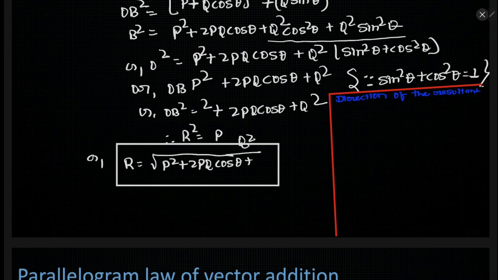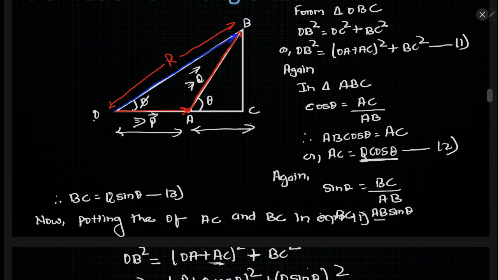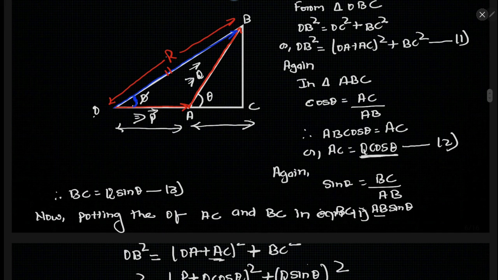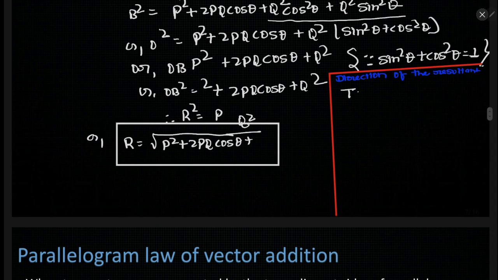Now let's talk about the direction of the resultant. So let's see, this resultant makes angle phi with the horizontal. So now we have tan phi is equal to BC by OC.